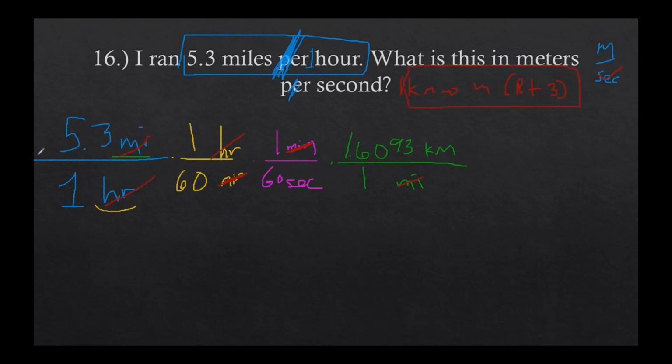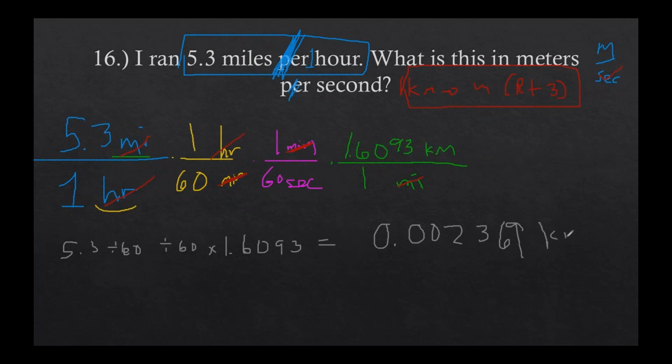So I'm going to start by saying I have 5.3. I'm going to divide by 60. I'm going to divide by 60. And then I'm going to multiply by 1.6093. Now, if you want, you can move a decimal in any one of these numbers over 3. It'll do the same thing. But when I multiply those numbers, assuming I did my math correctly, I should get 0.002369, and so on. It goes on and on.